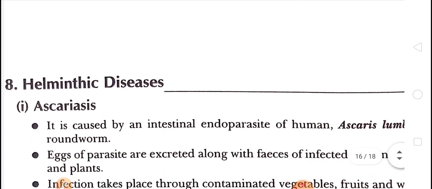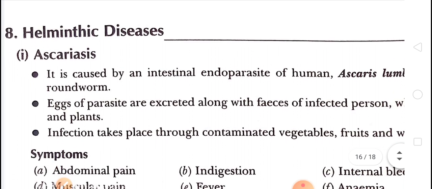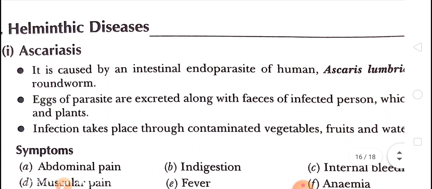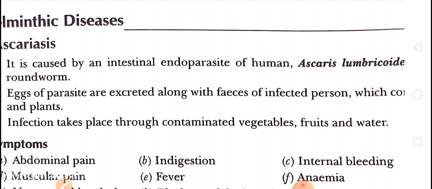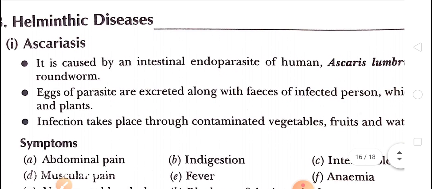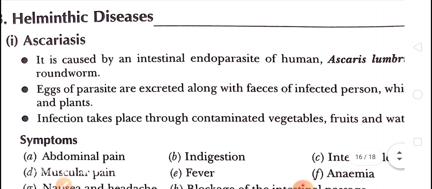Okay, next, that is the helminthic disease, Ascariasis. As the name suggests, it is caused by Ascaris lumbricoides.